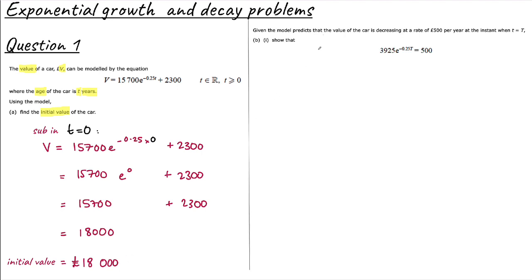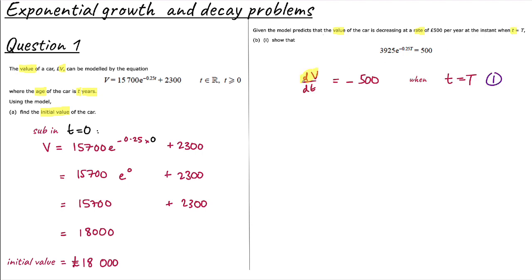Let's look at the second part of this question. It says, given the model predicts that the value of the car is decreasing at a rate of £500 per year at the instant when t equals capital T, we're asked to show where this equation comes from. This is talking about a rate of change. It's talking about the rate of change of value over time.